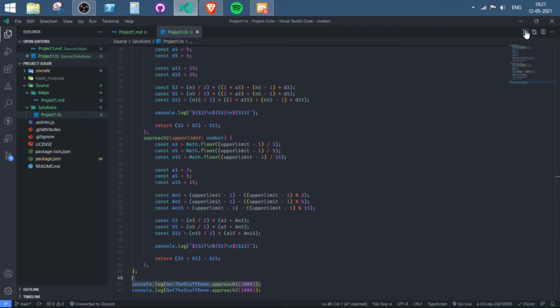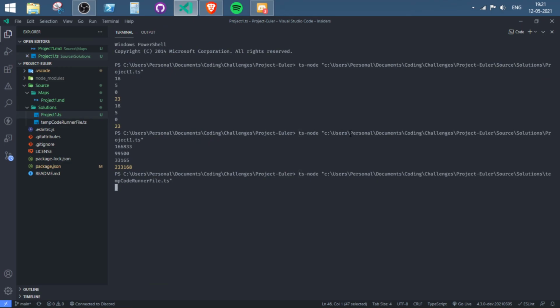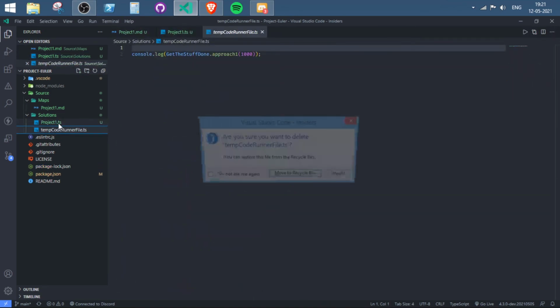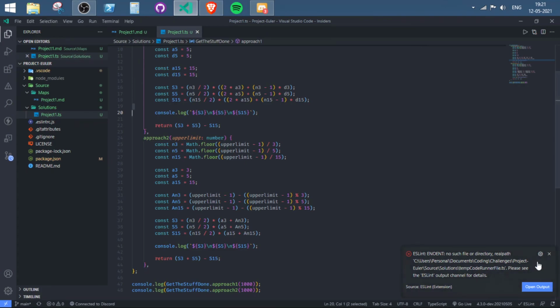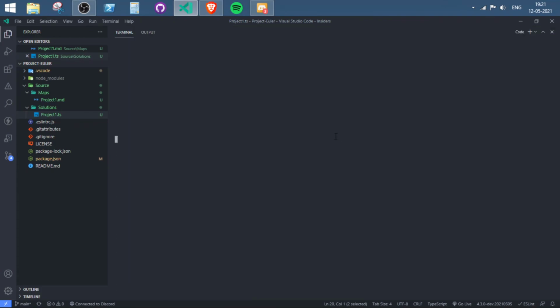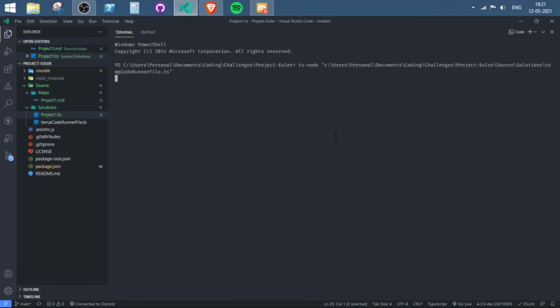with this. No, this is a big error. Like, I'm saying error, but the temp code runner file is the most irritating thing I have ever used. Damn it, not again.